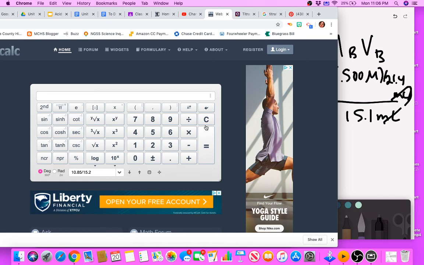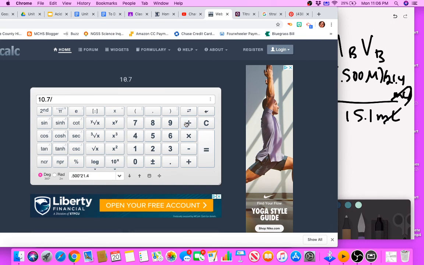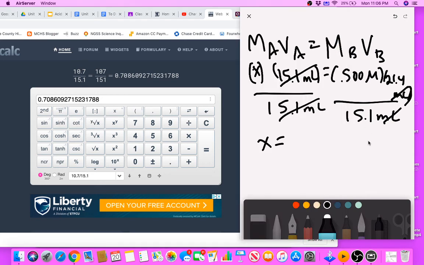So clear everything. 0.500 times 21.4 equals, divided by 15.1 equals. Again, we need 3 significant digits here. It looks like it's going to be 0.7086, which rounds to 0.709. So our answer here is 0.709 molar. So that is for trial 2.